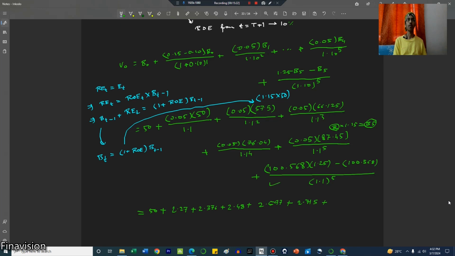Plus we are going to take the premium portion now, 0.25 into 100.568 divided by 1.1 to the power 5. This is 15.61.